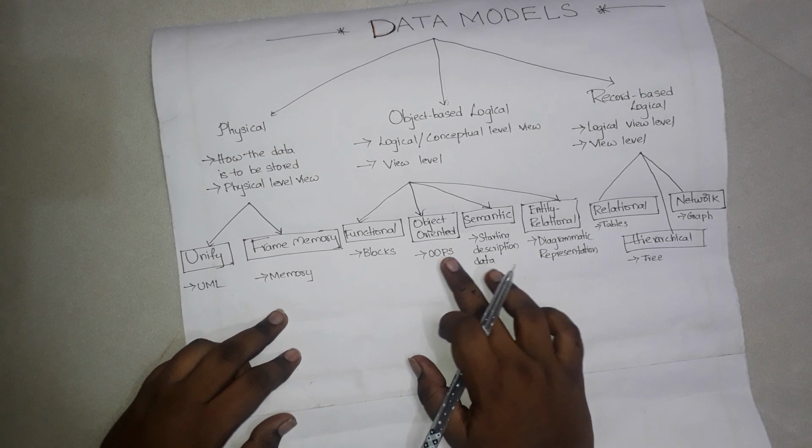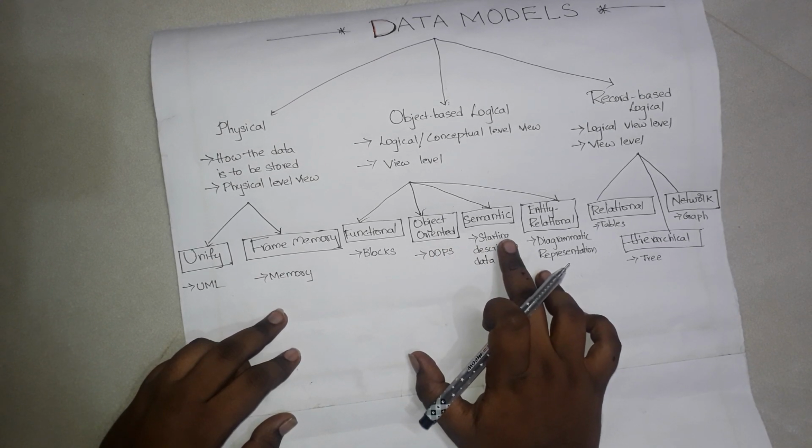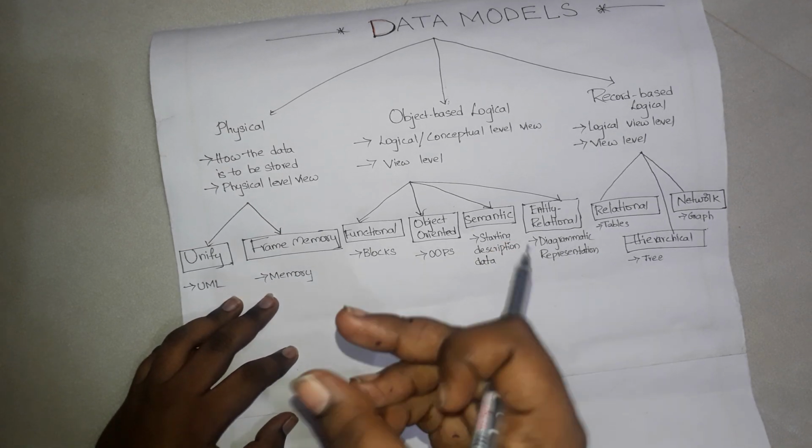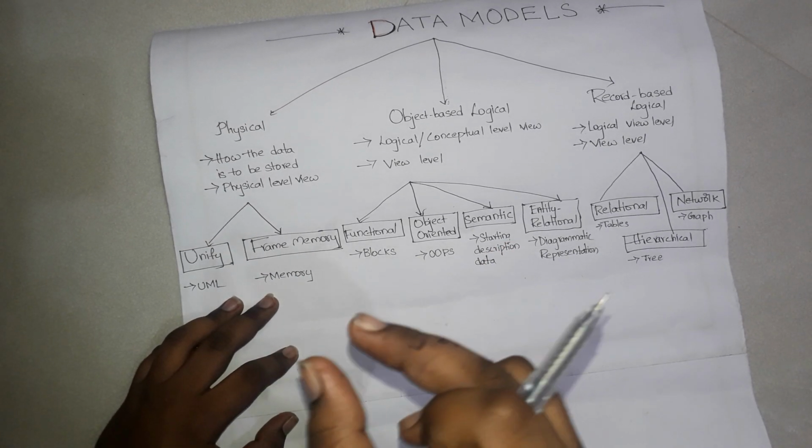So coming to the semantic model, I think the semantic model is very familiar to you guys, because whenever we want to search something in a browser, automatically the actual word will follow our two or three letters.